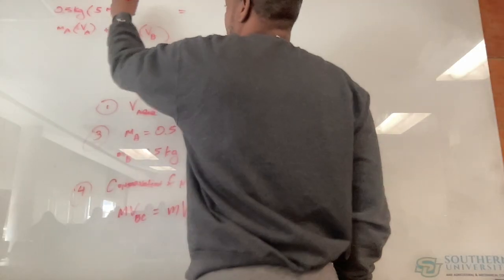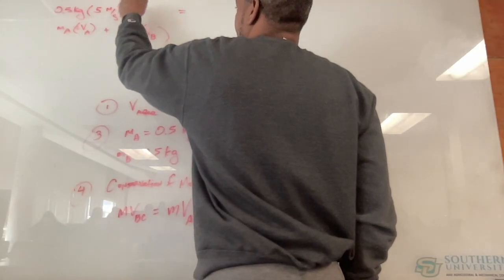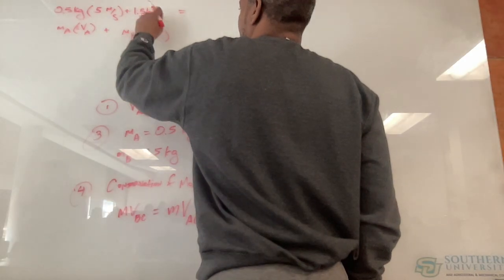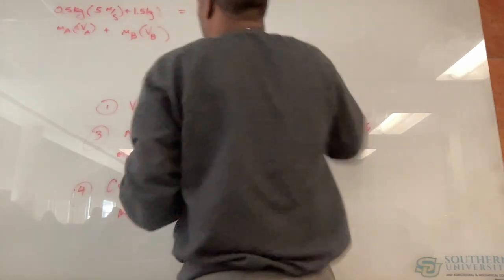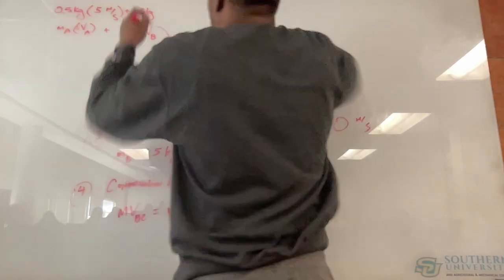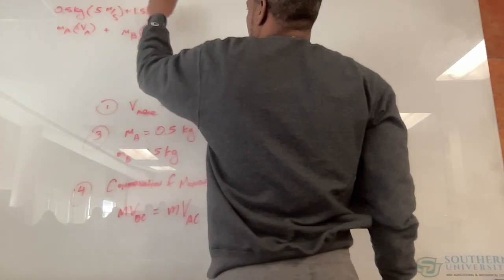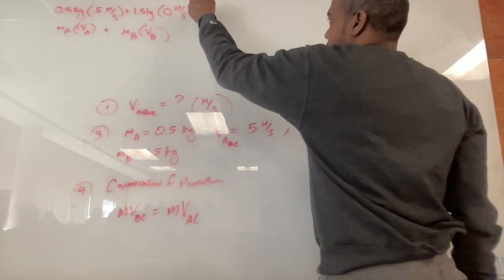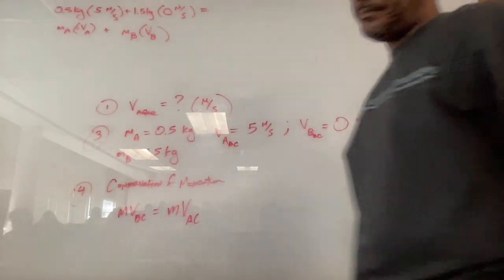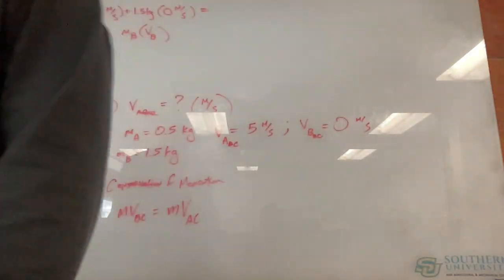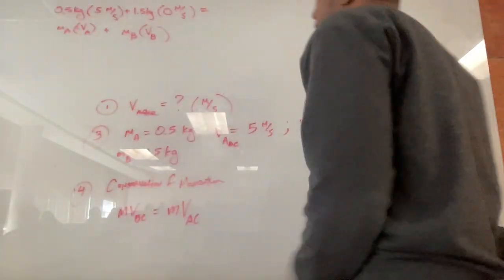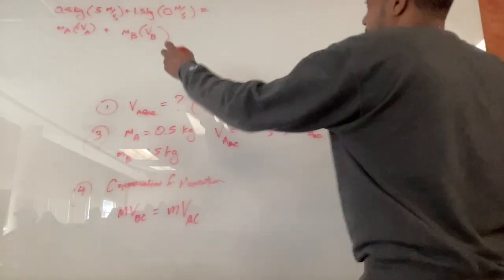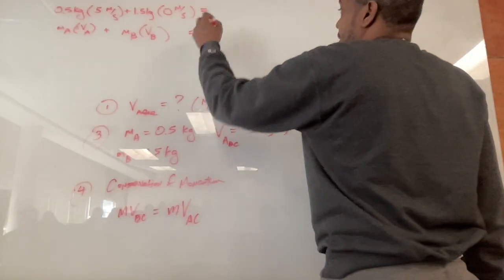So this is going to be what? 1.5 kg times what? 0. That's why it just goes away. 0. Okay? And that's going to be equal to what?